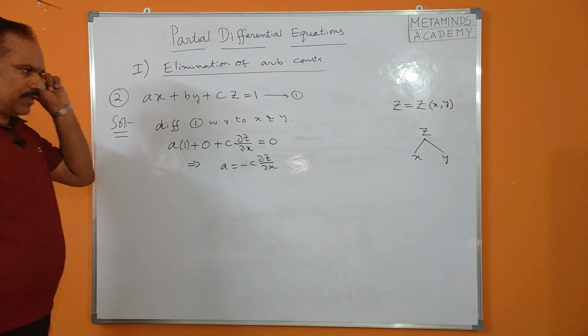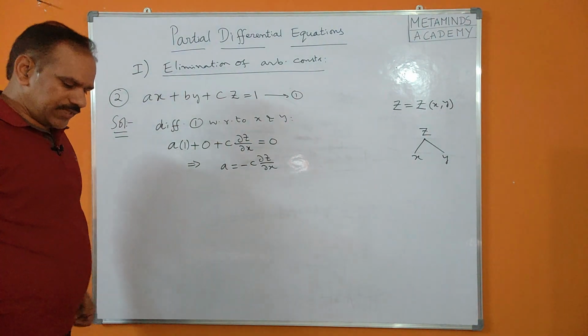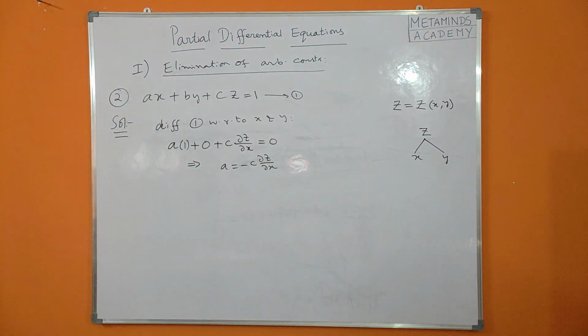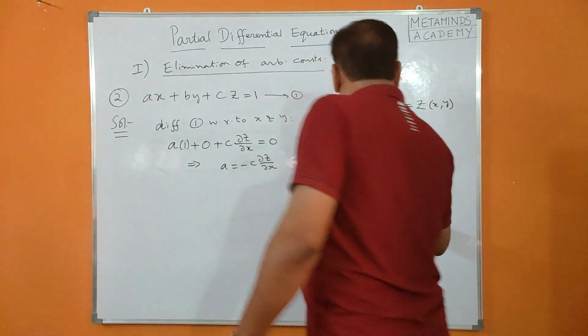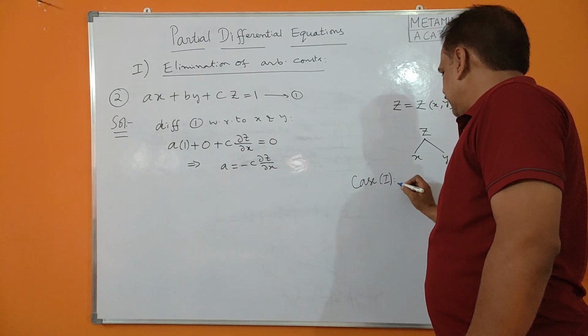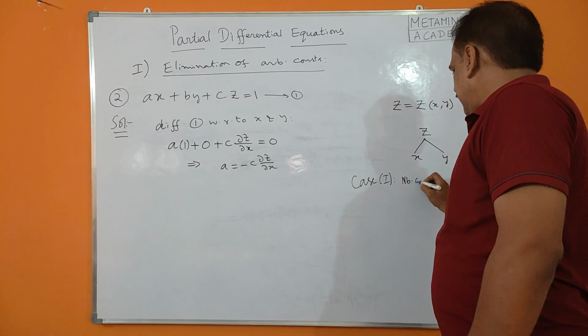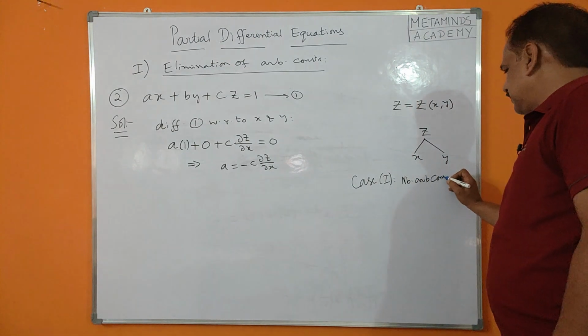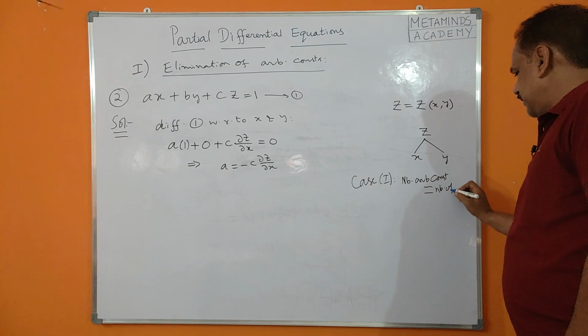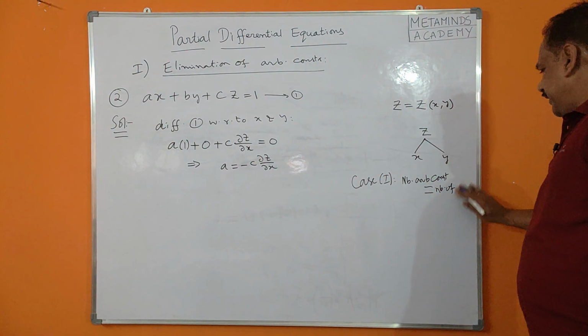But one thing we have to remember here is the number of arbitrary constants and the number of independent variables. You have to remember two things here. Case 1 is number of arbitrary constants is equal to number of independent variables.